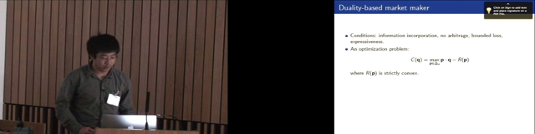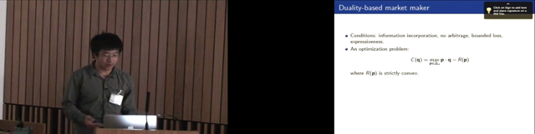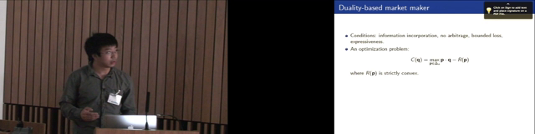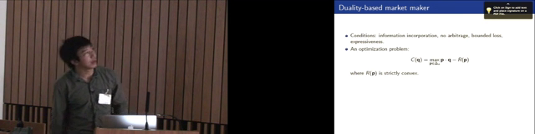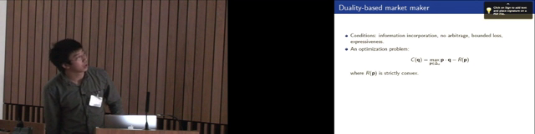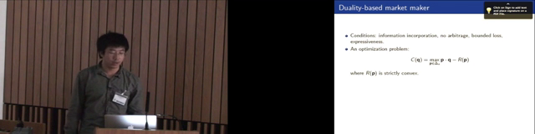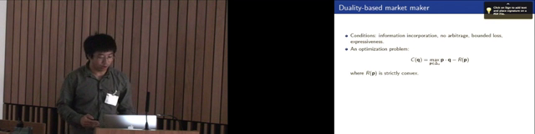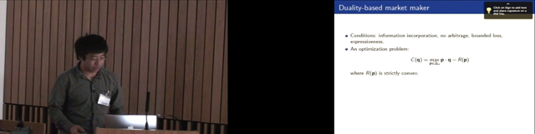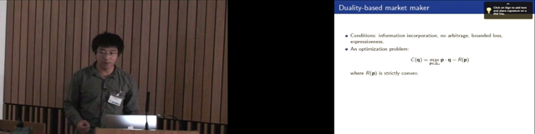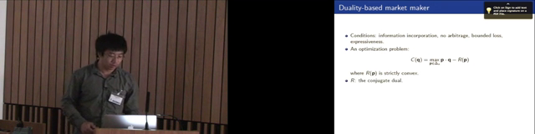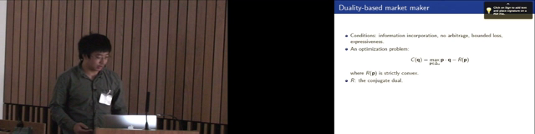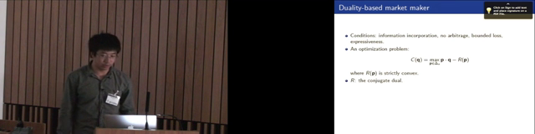Their main result is that for any market satisfying those conditions, the cost function can be and must be defined as the following convex optimization problem. It is a maximization over a probability simplex of a dot product minus some strictly convex function R, which in convex analysis is called the conjugate dual of the cost function.